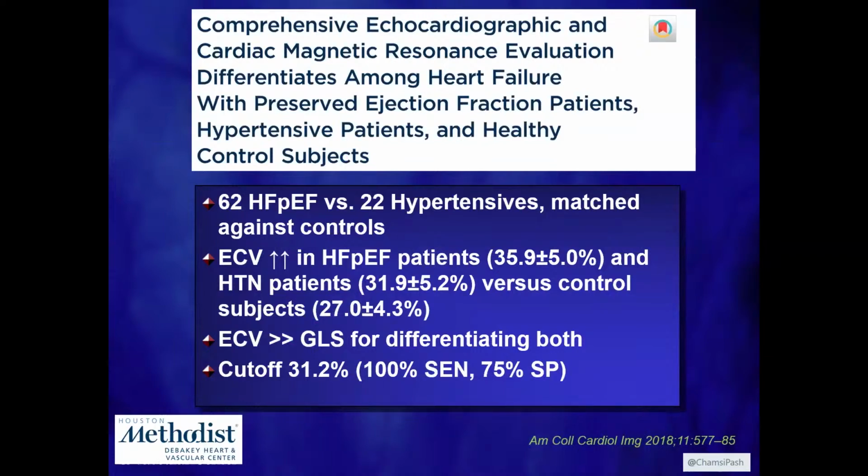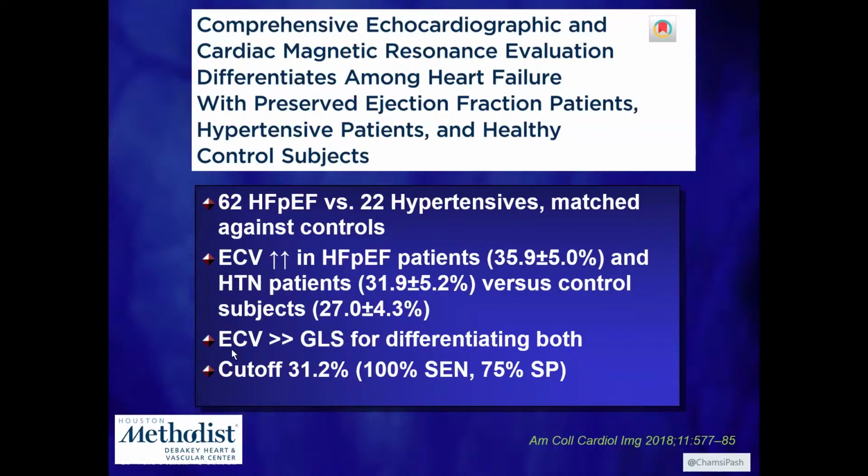When we take a look at this echo versus CMR parameters, looking at patients with HFpEF versus hypertensive heart disease, and we match them against controls, the extracellular volume was significantly increased in our HFpEF patients, 36% plus or minus 5%, and in the hypertensive patients, but to a lower degree, 31 plus or minus 5, versus the controls, who had a normal extracellular volume of less than 30%.